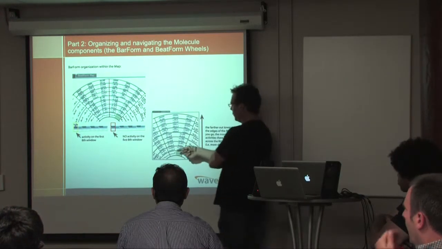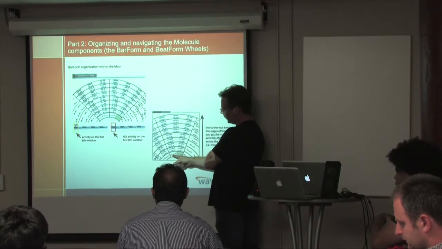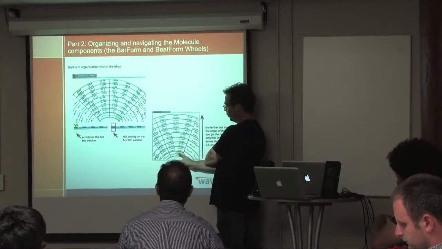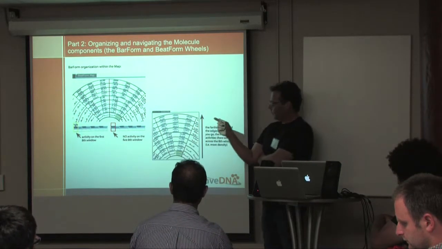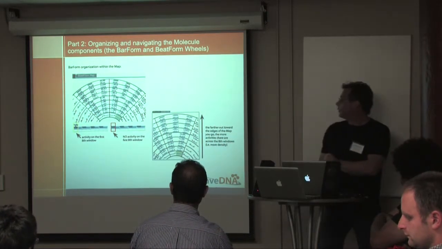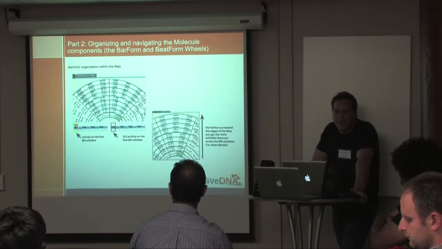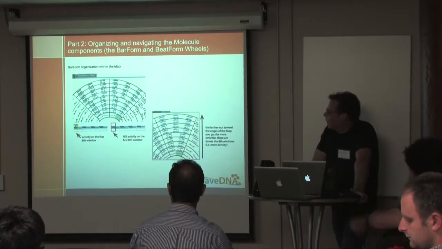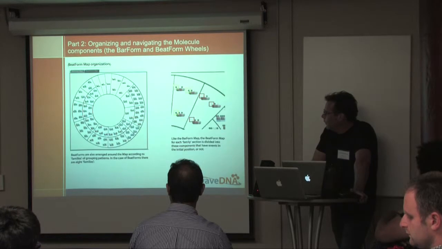Another organizational feature is that activities go up. So there are fewer activity locations in the bar forms down the center of the wheel. As you go towards the edge, there are more activities. So that wheel can help you navigate if you have a particular activation pattern in mind. Once you get used to this, you can actually find these things fairly quickly.